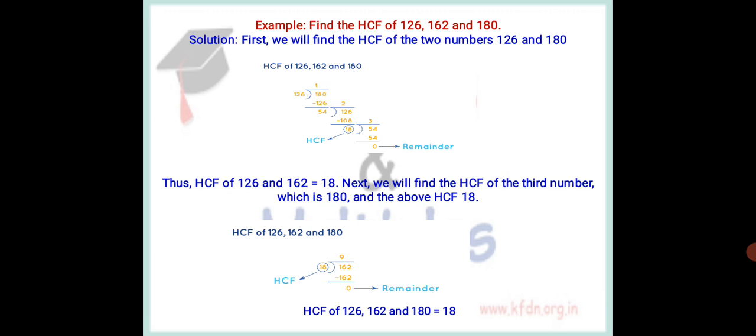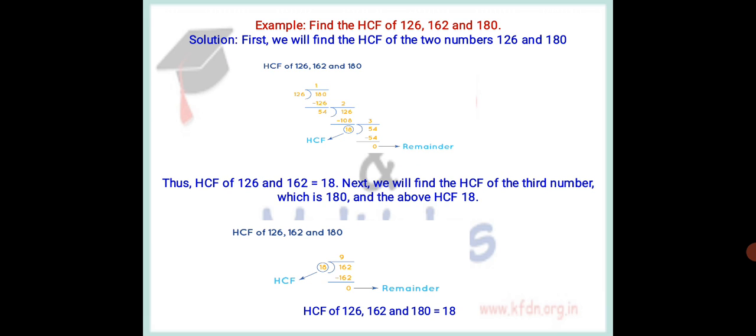126 is the smaller number, so it is the divisor, and 180 is the dividend. Divide one time, 1 into 126 is 126. Subtract 126 from 180, remainder 54. The remainder is my new divisor and the new dividend is 126. Multiply 54 into 2, 108.